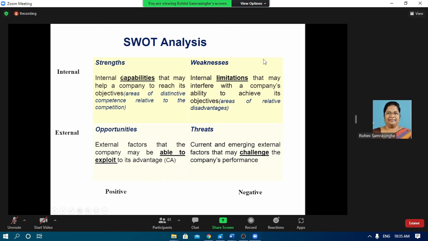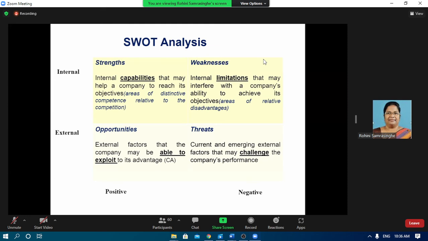So internal capabilities, we look at under the strengths and the limitations within the business organization. We look at those limitations as the weaknesses. Opportunities are the areas that the company can exploit, especially the favorable areas where the company can work.